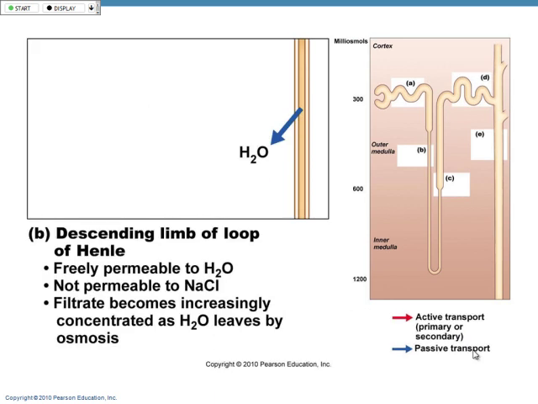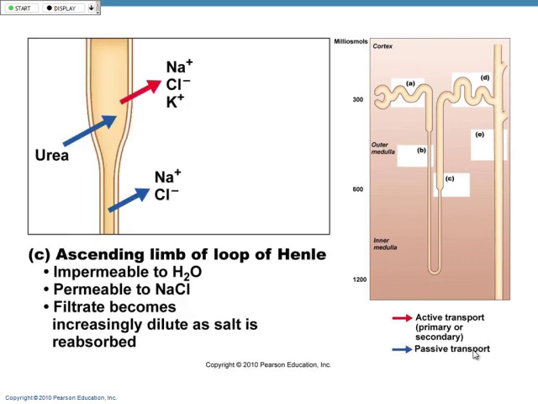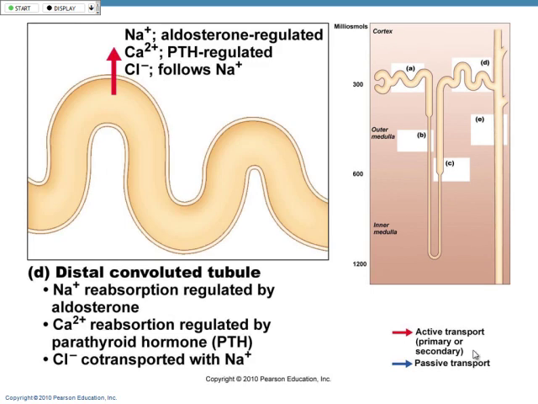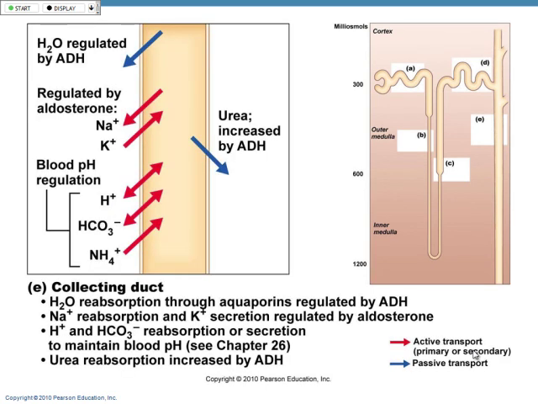Yeah, most everything gets sucked back into the circulatory system. And then we kind of fine-tune things in the descending loop of Henle, in the ascending loop of Henle, and the distal convoluted tubules. So that by the time things hit the collecting duct, what's left?